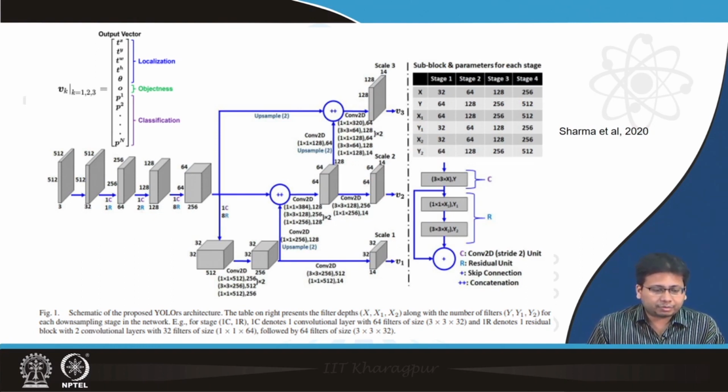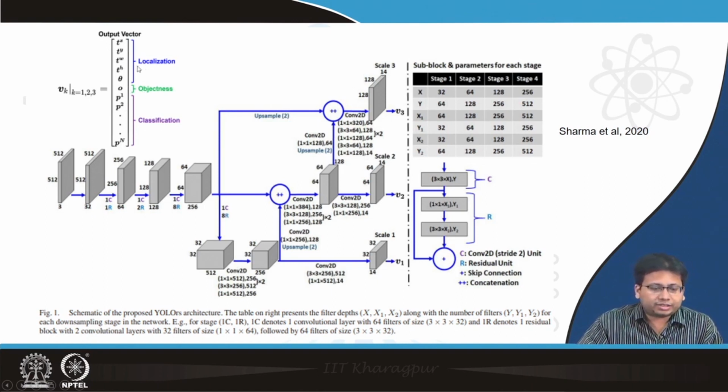So, in the case of YOLO-RS, this is what the output vector will look like. First of all it will have classification, indicating whether the different object classes are present or not, and if so what the probabilities of each of them are.